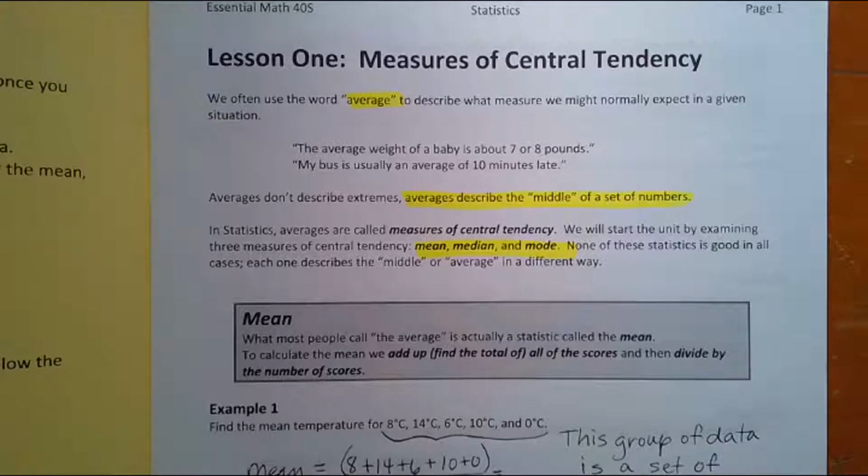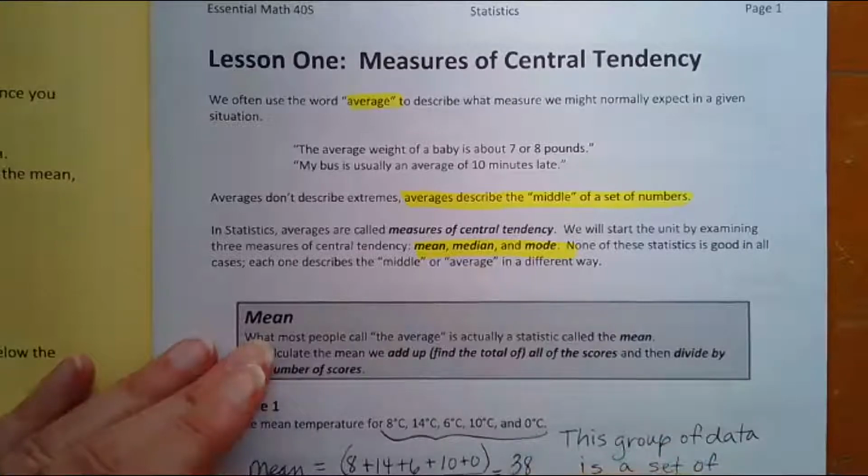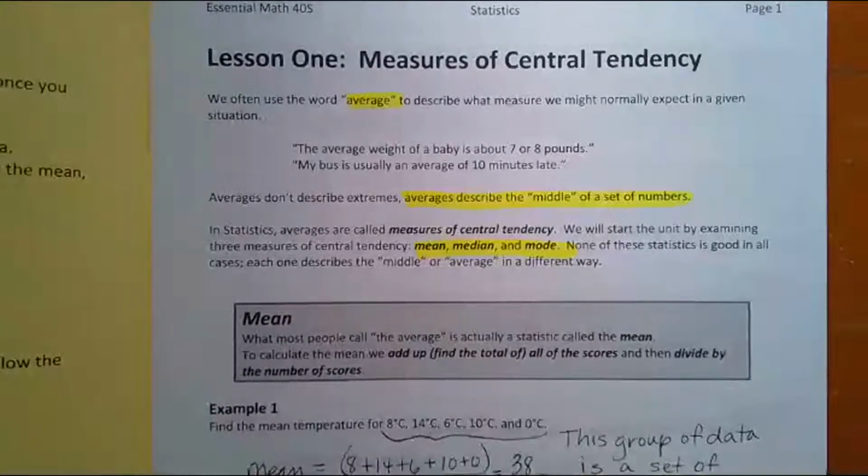Pull your calculator out. 8 plus 14, plus 6, plus 10, plus 0, I get a 38 as the total. Then I'm going to divide by 5, and I get 7.6. Now I should use the units that they gave me, degrees Celsius.